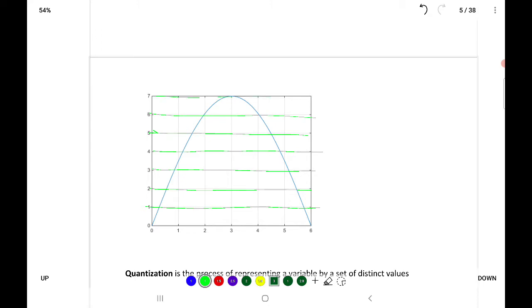What does it mean? It means now I'm taking discrete values for the amplitude. However, I'm keeping the time continuous. So let's now sketch the quantized one. 0 will continue 0 up to the second level when it starts to appear, which is 1, when the voltage gets 1. So it will jump to 1. So it stays 0 and then jump to 1.